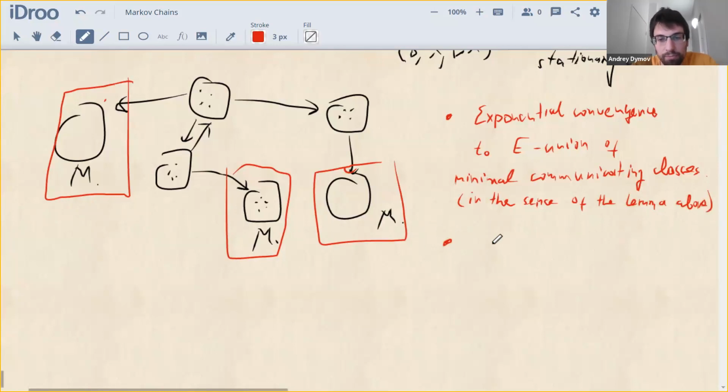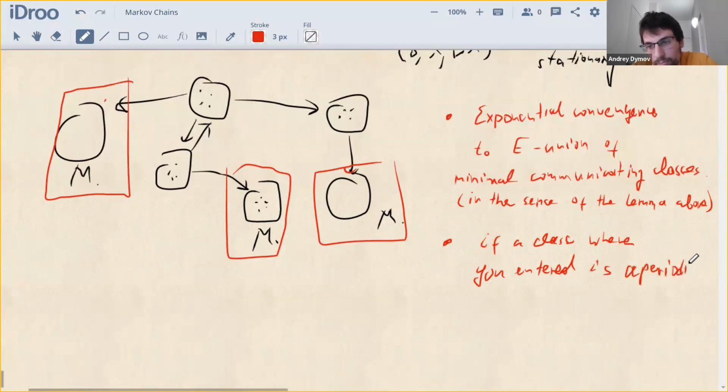Then, if the class where you entered is aperiodic, then you have ergodicity inside of this class.